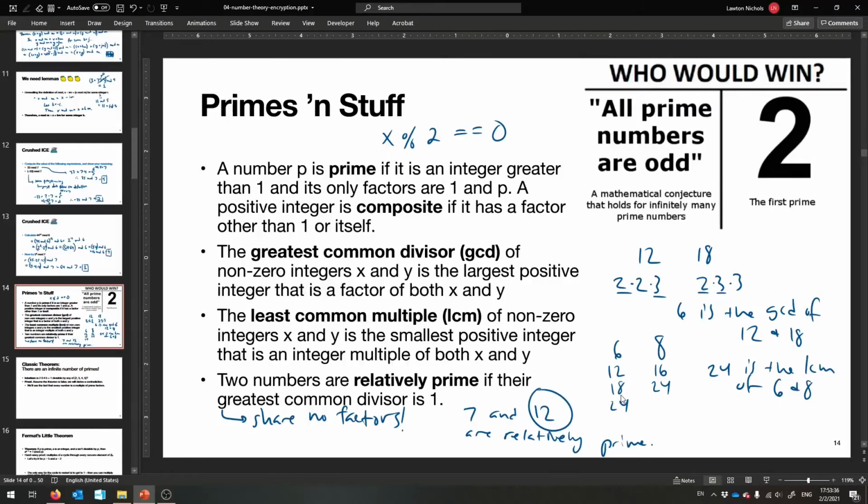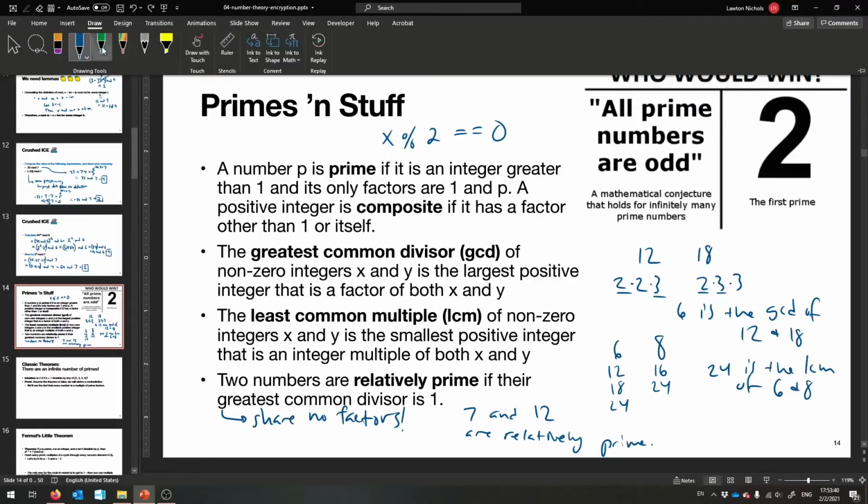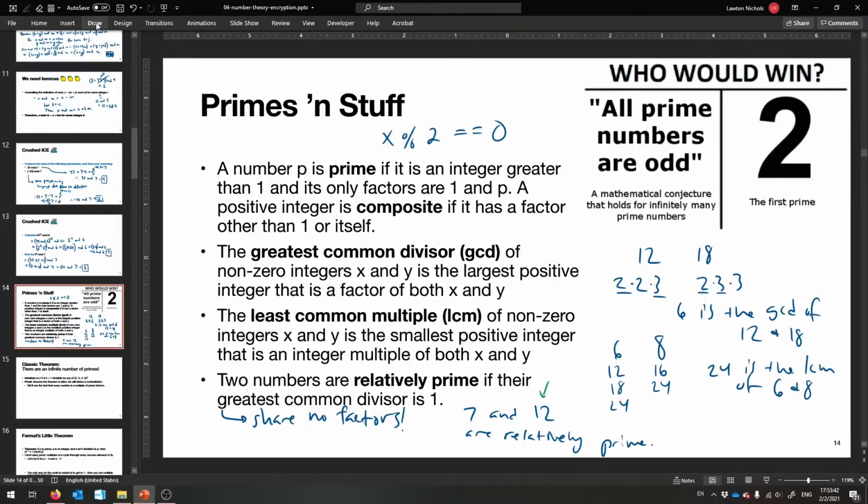But 12 itself is not prime, okay? Maybe I should say that. That's the key. Not itself prime. It's just when it's in a pair with some other number, and the GCD is 1, it's called relatively prime. Okay, so that is what it means to be relatively prime for two numbers.